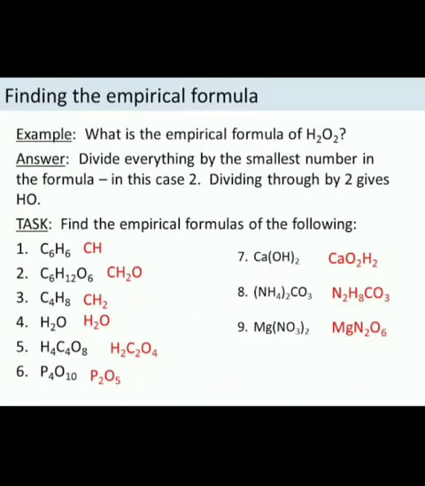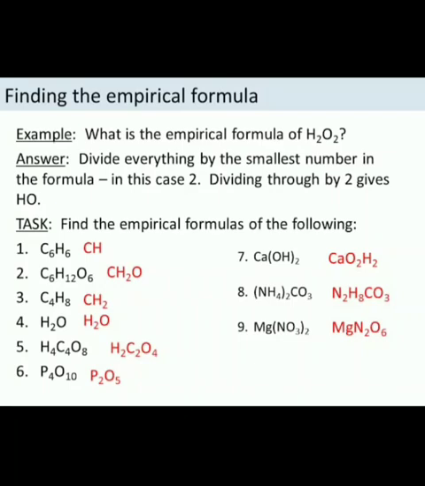Then see the next one, C4H4O8. So you have 4 ones, 4 ones, 4 twos, that means HCO. Here what is written? H2C2O4, then again 2 is the smallest number: 2 ones, 2 ones, 2 twos, that means HCO2. The next one, P4O10.